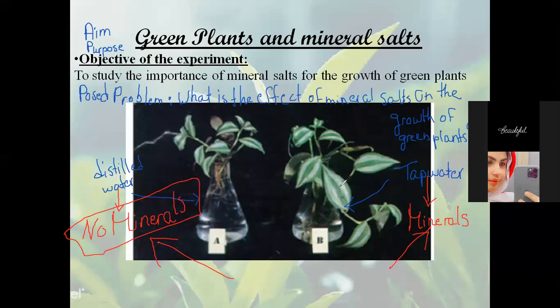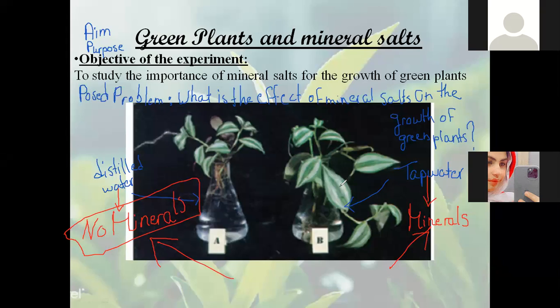Plant A is not tall, and the leaves are smaller in size. Why? It's not healthy. It's not normal.